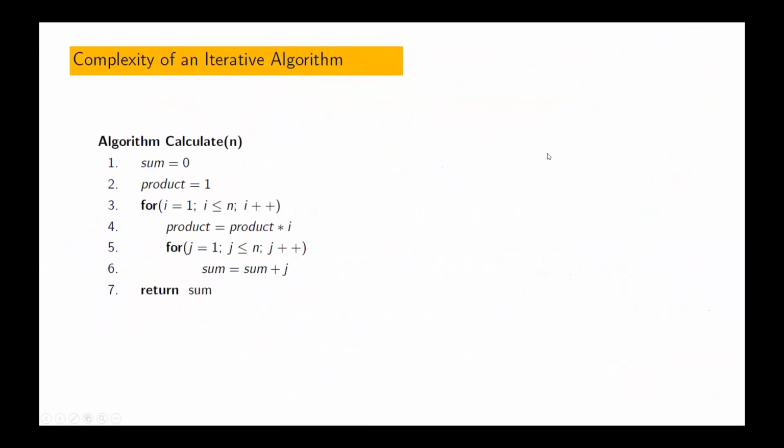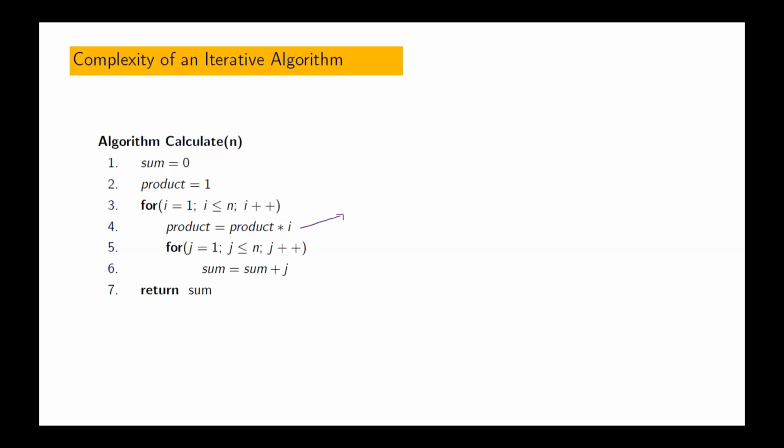Now we take one simple algorithm and count how many times a particular operation is performed. This is some dummy algorithm, and our main intention is to count how many times a particular step is repeated. How many times is product equals product into i performed? Ten times.